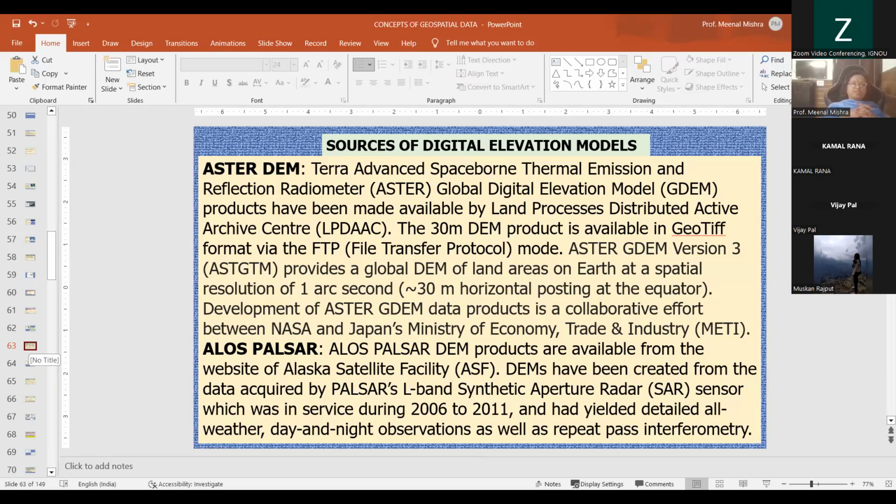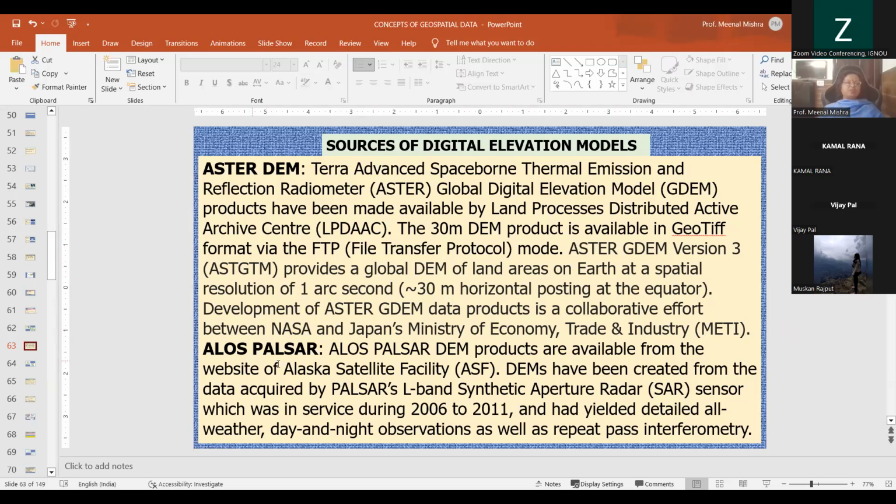So these ASTER GDEM, that is Global Digital Elevation Model, products were made available by the Land Processes Distributed Active Archive Center, and the 30-meter DEM product is available in GeoTIFF format.